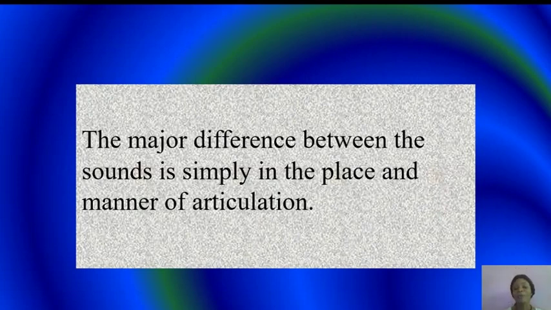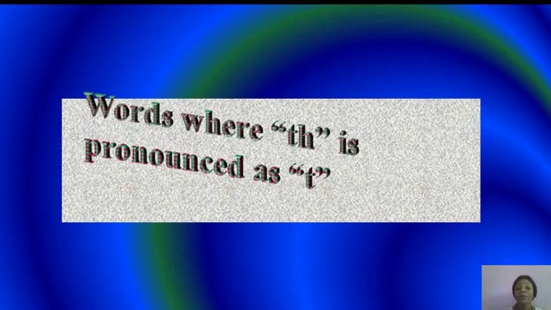Now let's go over to words where th is pronounced as t. Words that have th in their spellings, but they are pronounced as t. Now I want you to take note of this fact. We don't have such words in the English language very much.